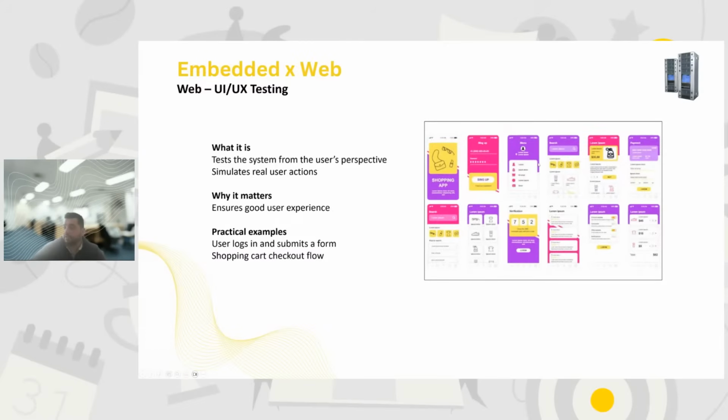Basically, the interface of the application where you click the buttons, test some flows, test some things: user logs in and submits the form, shopping cart, checkout flow. So this kind of validation. We have here a bridge with the virtualization in embedded devices, where we put that in a virtual environment. Here, it's about web, also with some similarity to embedded.